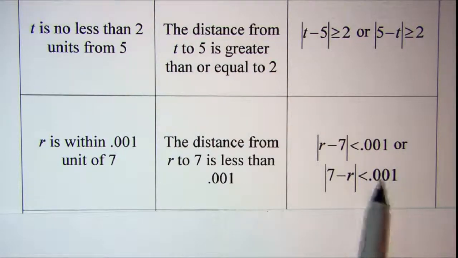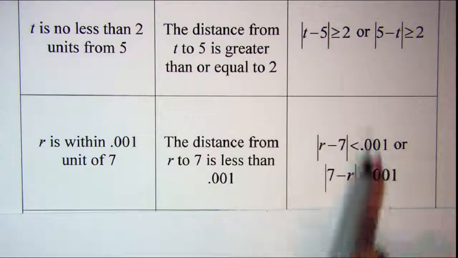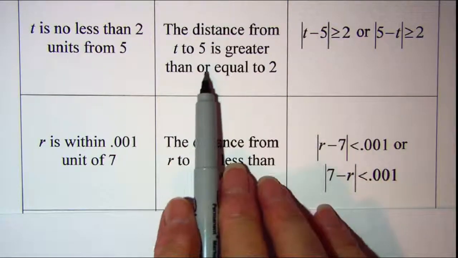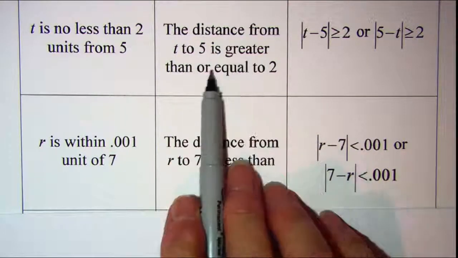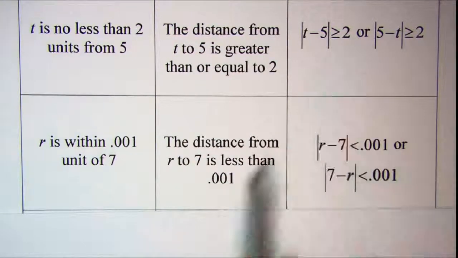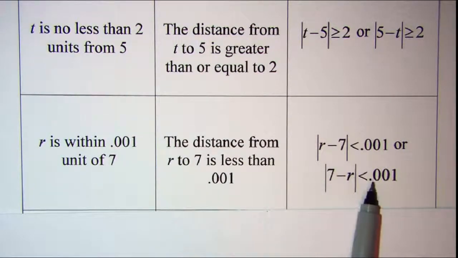So over here is your distance, this number over on the right. It was the same here. The distance is greater than or equal to 2. So 2 was on the right side. Same way here, the distance is less than 1/1000th. So that's here on the left.